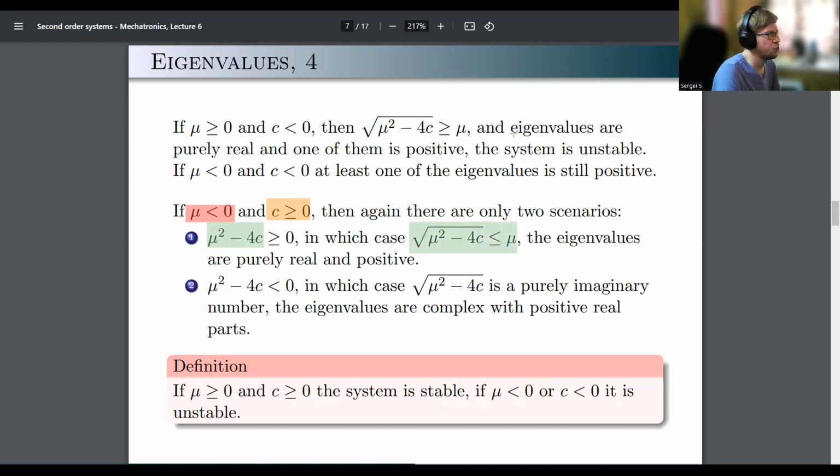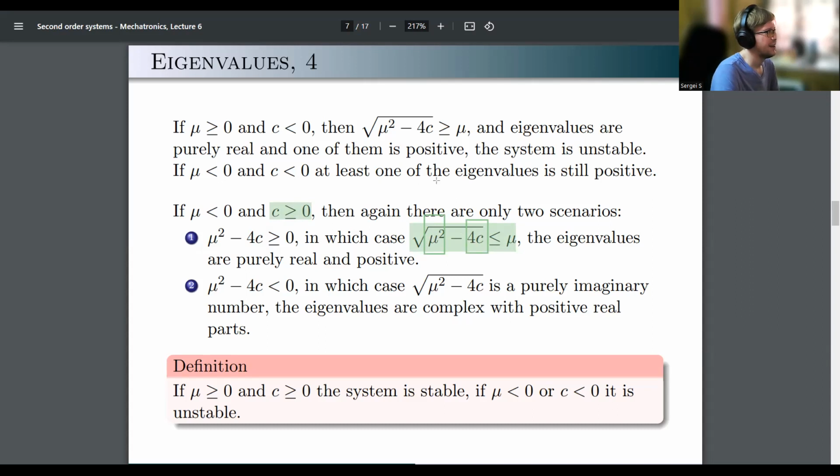If it is positive, the square root has to be less than mu in absolute value. Why again? Because c is positive. This holds because positive c means that this positive number here is lessened by subtraction from it of another positive number.